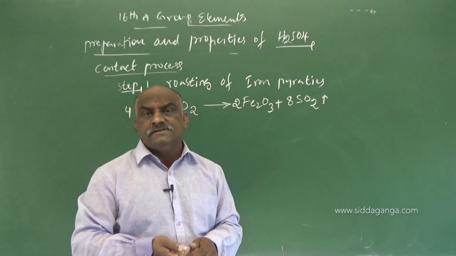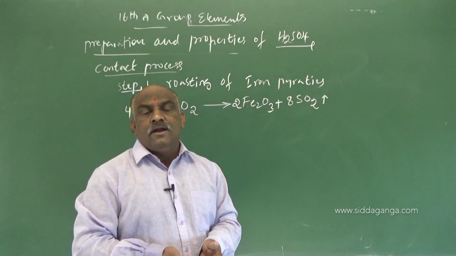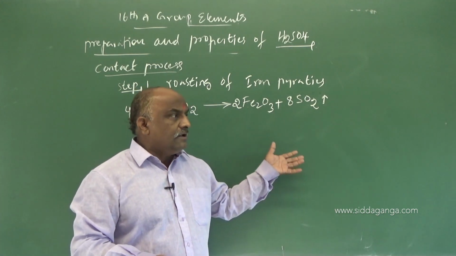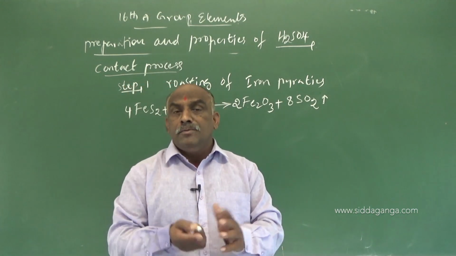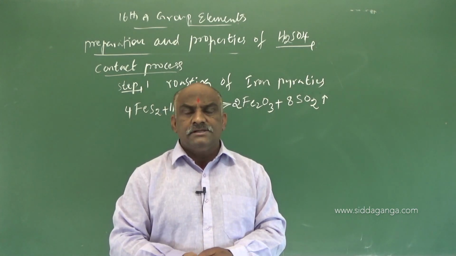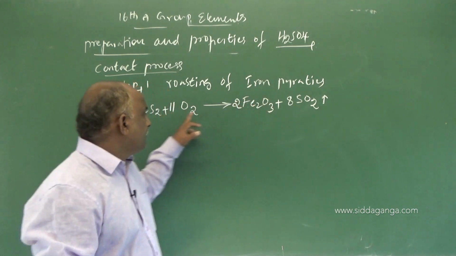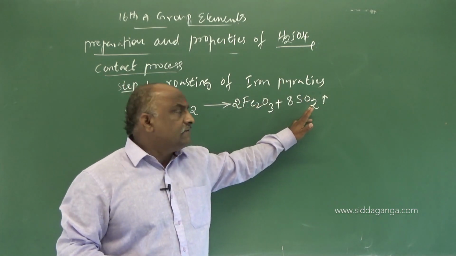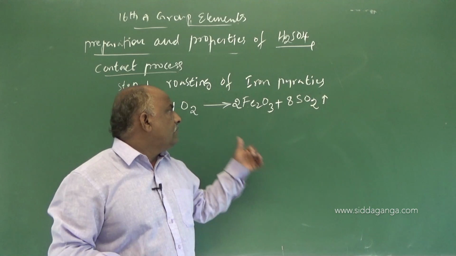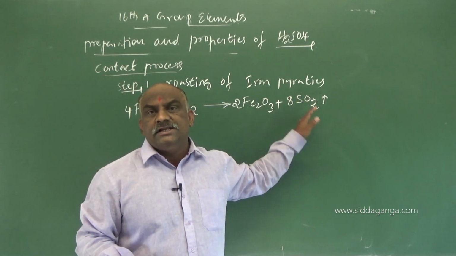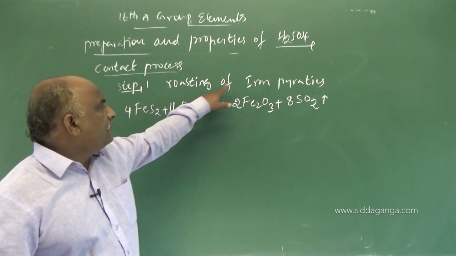Iron is available in the form of oxide, sulfide, and carbonate. We collect the sample from the earth's crust, and it contains impurities such as arsenic and antimony. While roasting, the impurities are separated out. Arsenic combines with oxygen to form arsenic oxide, As2O3. Clear, so this is step 1.